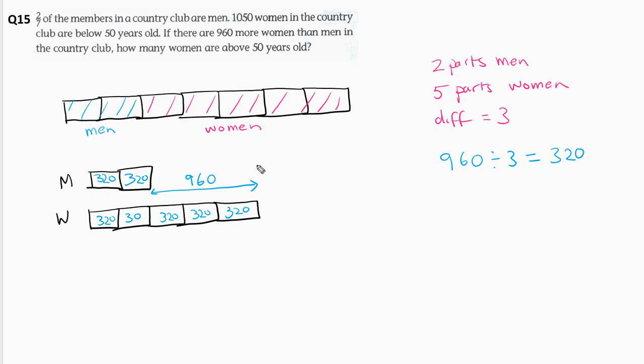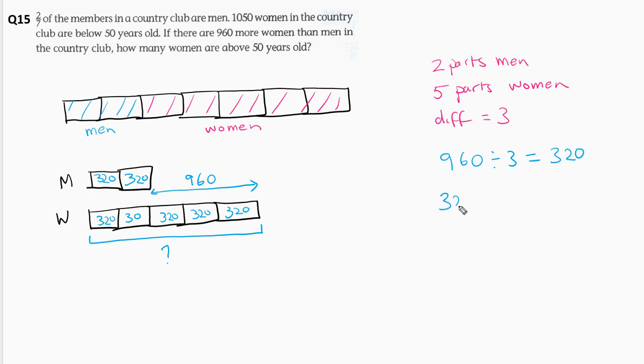Now, what's our question? So our question is, how many women are above 50? Well, we know how many women are below 50. We need to know how many women there are altogether. Okay, so we need to know what this whole thing is, all the women. So that's 5 times 320.